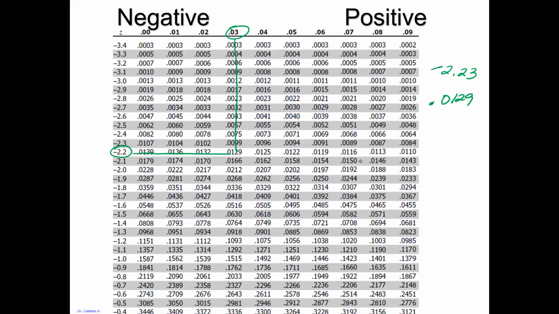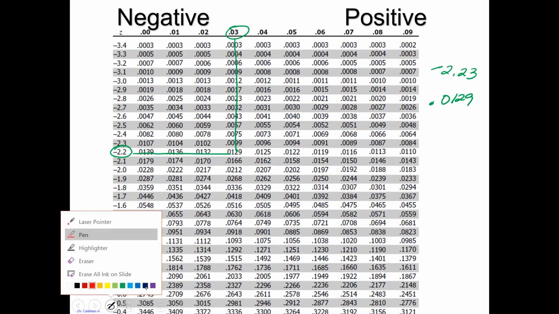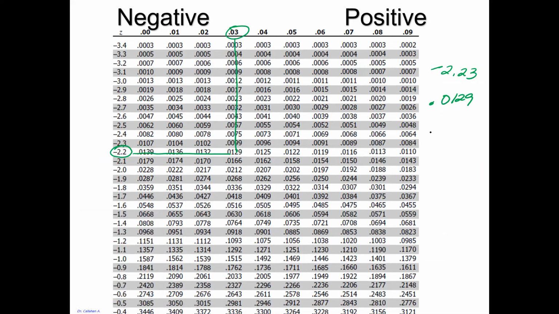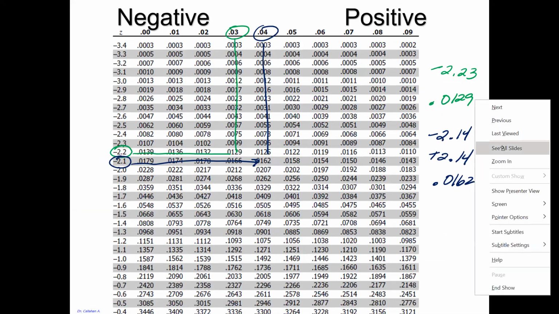So here is my table. I'm looking at this from the perspective of z equal to negative 2.14 and positive 2.14. Negative 2.14 is right here, and I have a 0.0162. That's going to be my value, but I'm also going to have to multiply by 2 because it's a two-tail test.